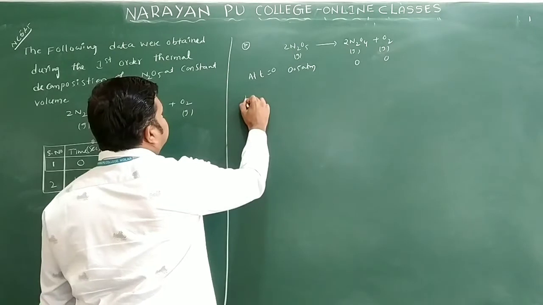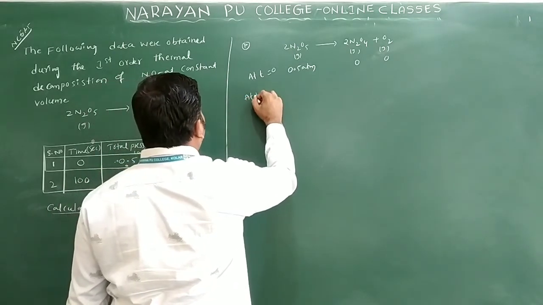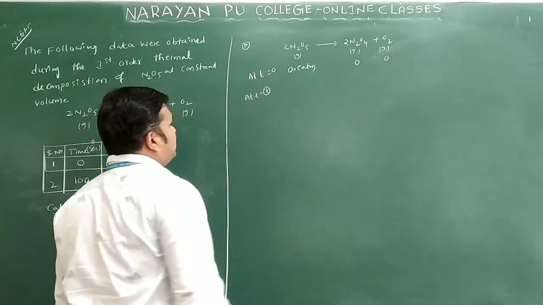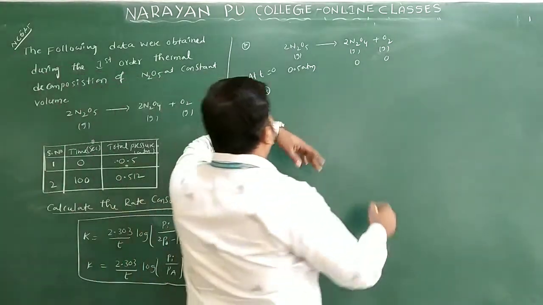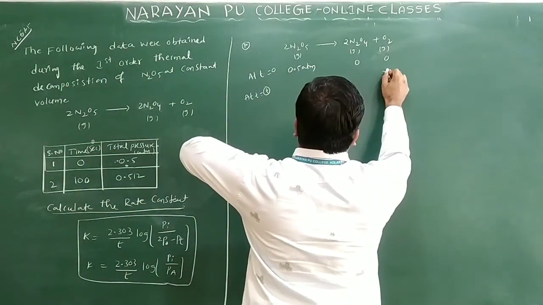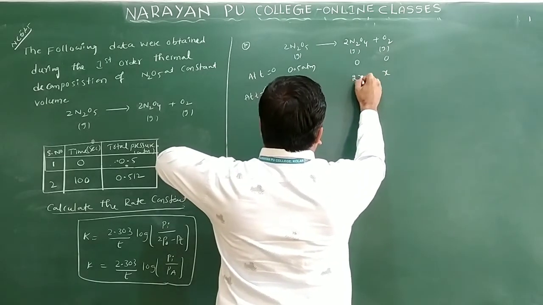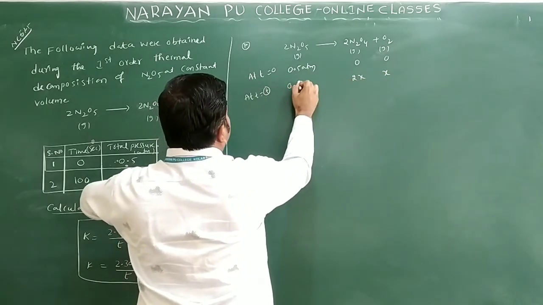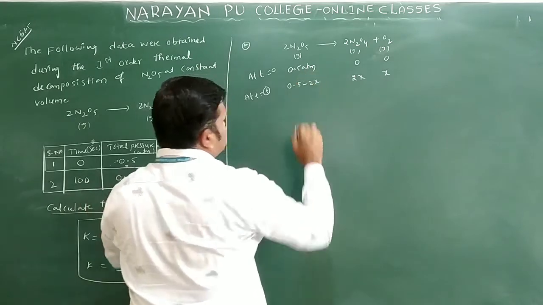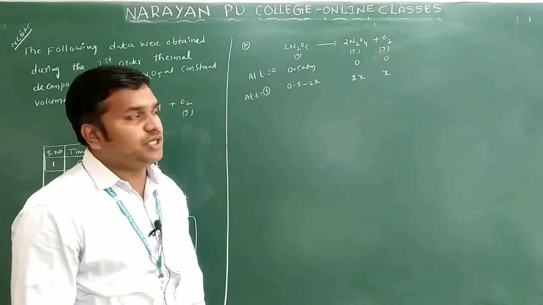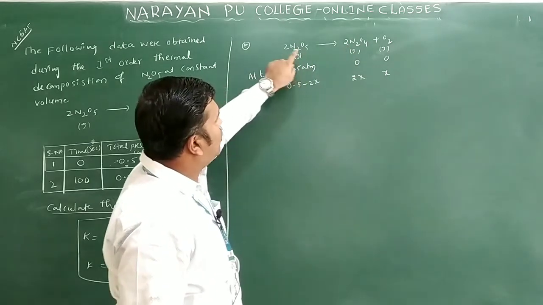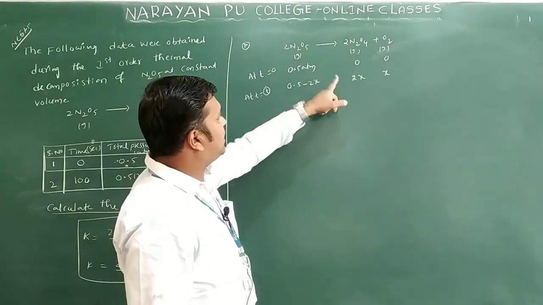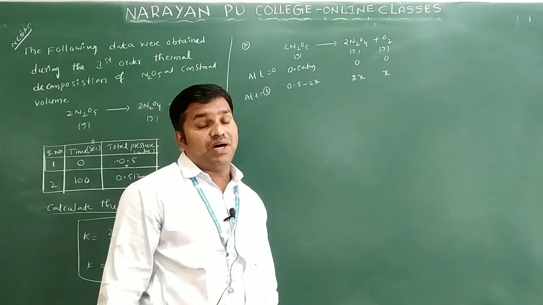At time t seconds, the changes are: for N2O5 it is 0.5 minus 2x, for N2O4 it is 2x, and for O2 it is x. Here we have 2 moles, so 2x, and you subtract it from 0.5, giving 0.5 minus 2x.